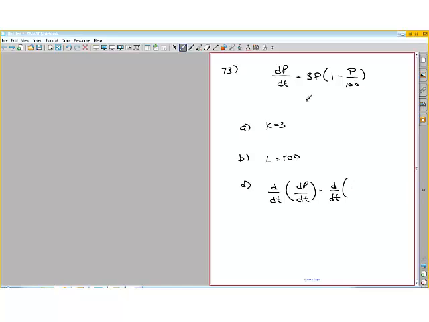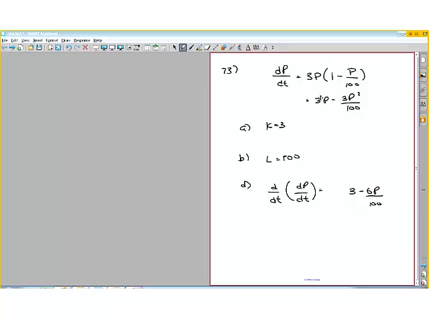Let's multiply this thing out. So we get 3P minus 3P squared over 100. When you take the derivative of that, you'll get 3 minus, okay, 2 times 3, which will be 6P over 100.